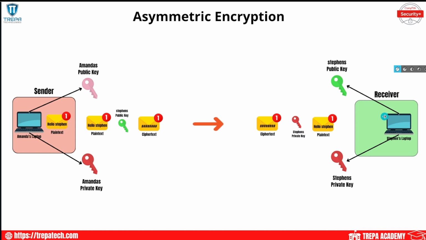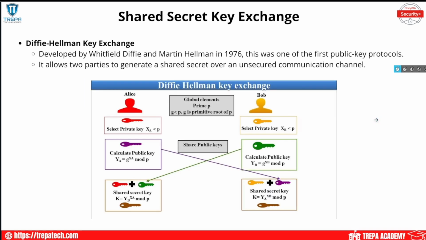What can we do? Well, due to some very confusing math and something called the Diffie-Hellman key exchange, we're able to do that. As you see here, Alice and Bob have their private keys. They send each other their public keys, and then using this algorithm, using Alice's private key and Bob's public key, they combine these two to create a single key.